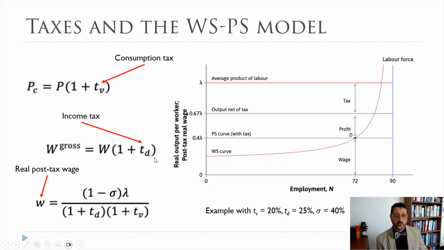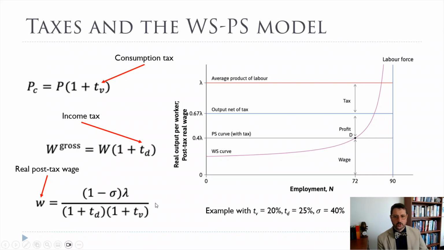And both of these taxes, since the worker consumer has to pay them, are going to decrease the real wage. The income tax decreases your disposable income, so that decreases your real wage directly. And the consumption tax makes prices more expensive, and because prices are in the denominator of the real wage, that decreases the real wage as well.